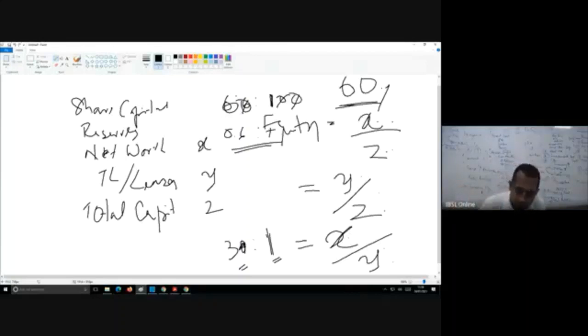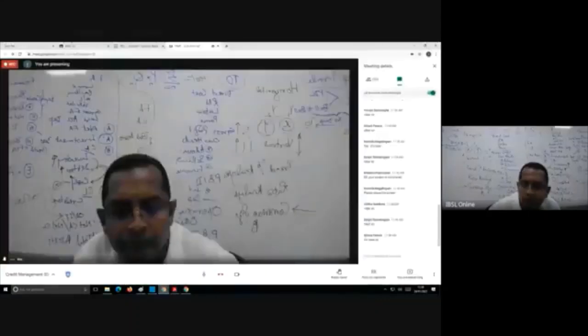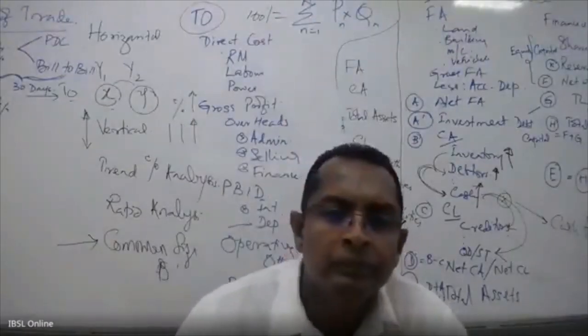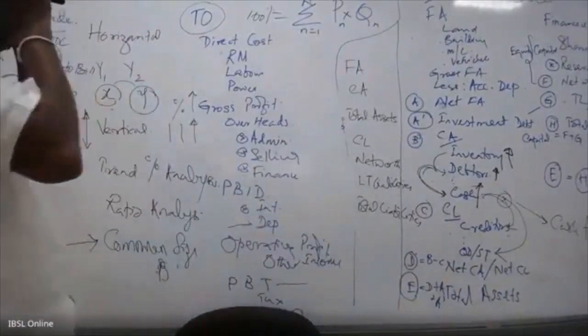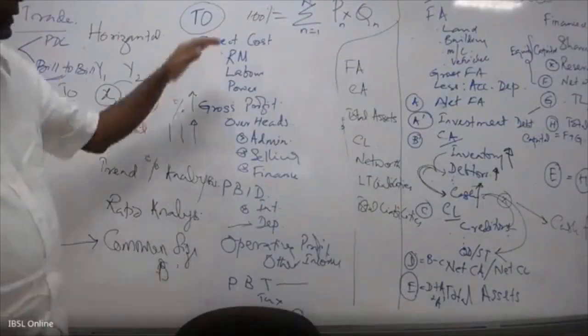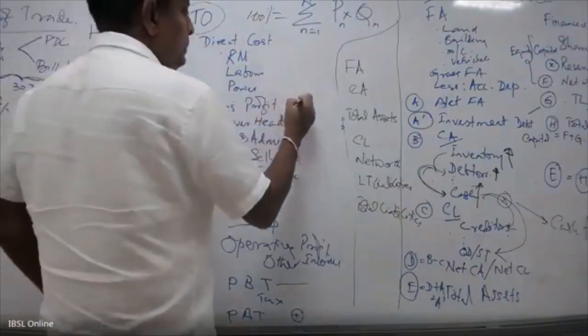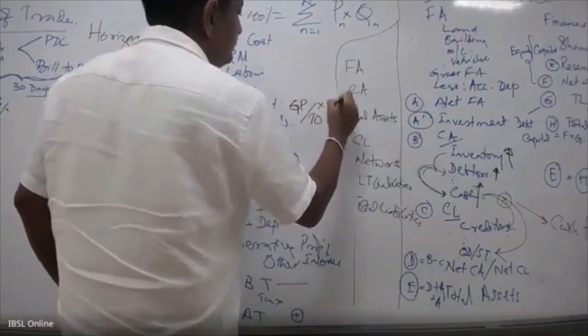Now we go to the profitability ratios. Profitability ratios are calculated using the P&L, right? GP divided by turnover into 100, GP margin.